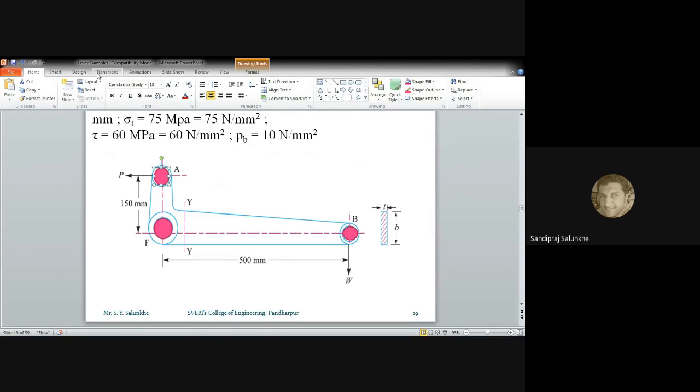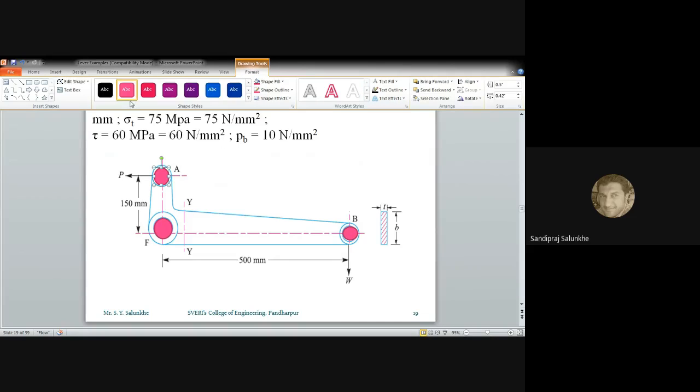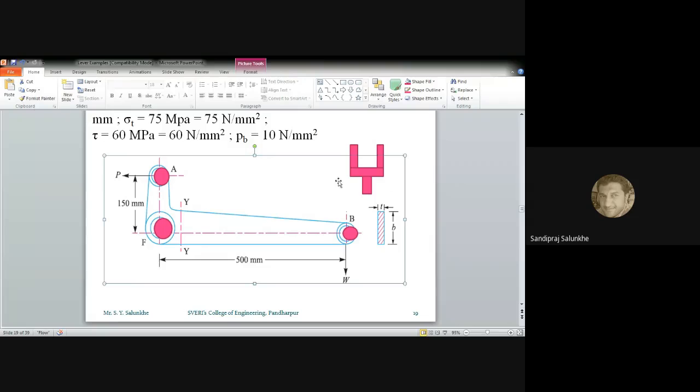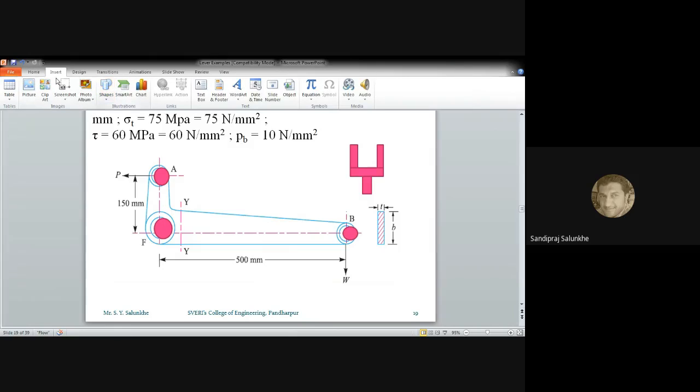If you want, I will draw the fulcrum drawing here also. Fulcrums will be of this type. In between this double eye section or fork, we are going to insert that pin.